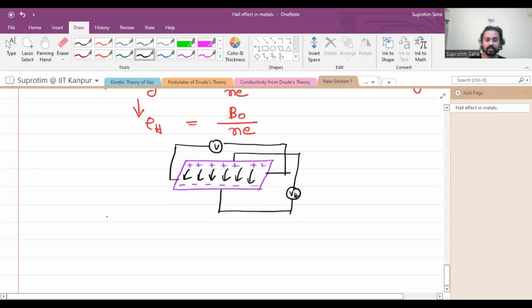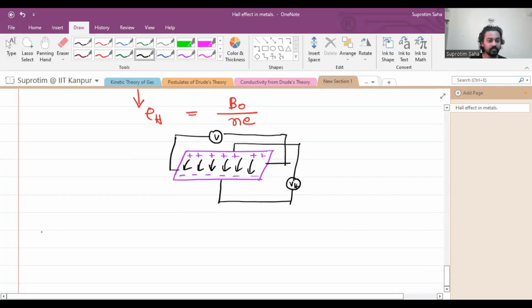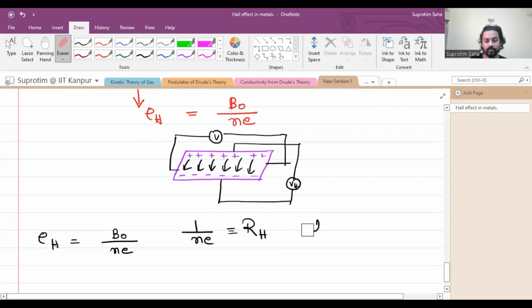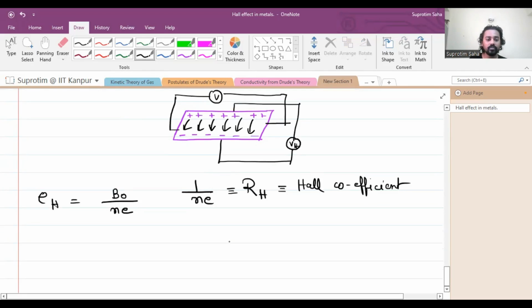So let us see in detail what this Hall resistivity is. Hall resistivity is B naught over n e. This 1 by n e is given a name, which is the Hall coefficient.